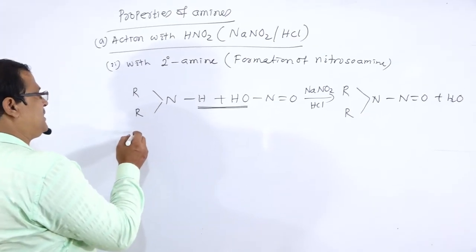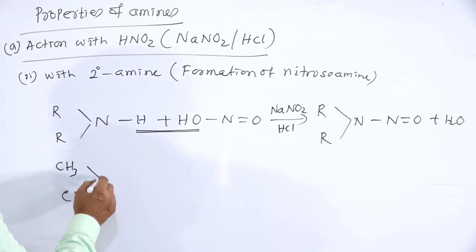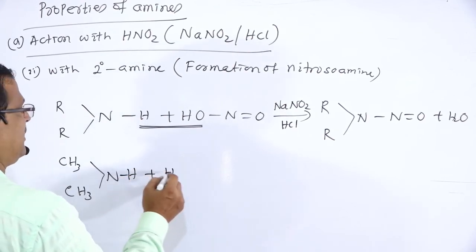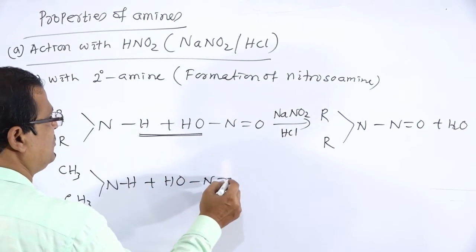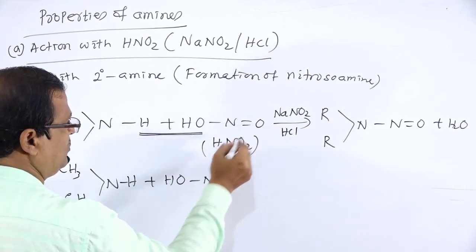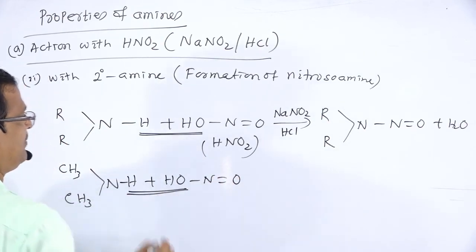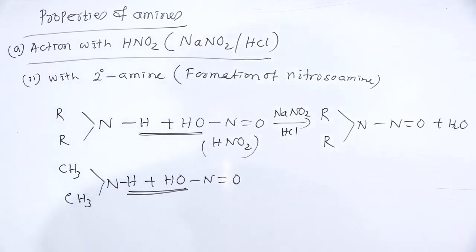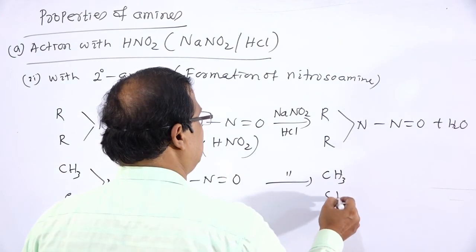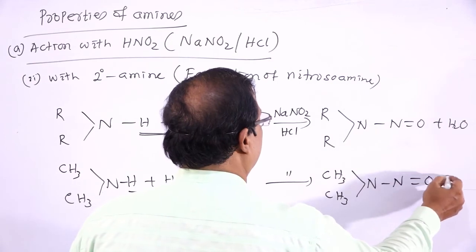Secondary amine explains Liebermann's nitroso reaction. So if we take an example of this kind, for example CH3NH treated with nitrous acid, HNO2, H and OH are removed in the form of water. So there is the formation of CH3-N=O plus water.